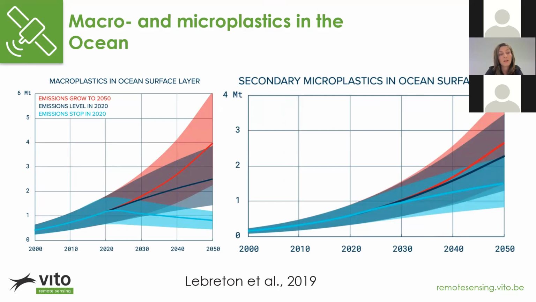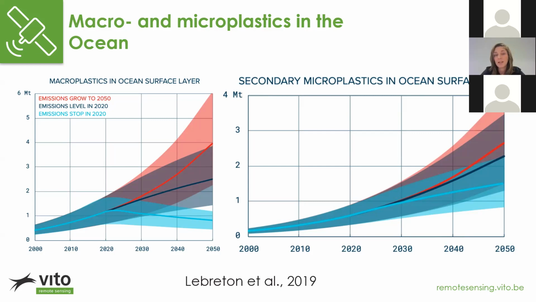The blue one is if we fully stop emitting plastics in 2020. The dark blue one is when we keep on emitting up till the level of 2020. And the red one if emissions grow until 2050. And you see that if we stop emitting, the curve decreases a little bit until 2050.